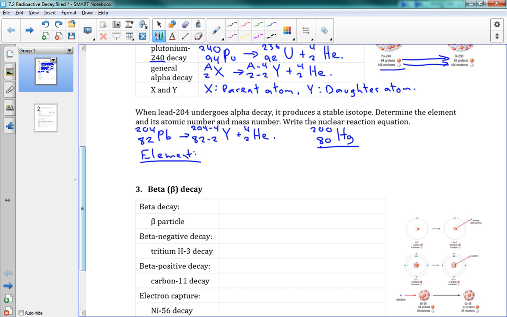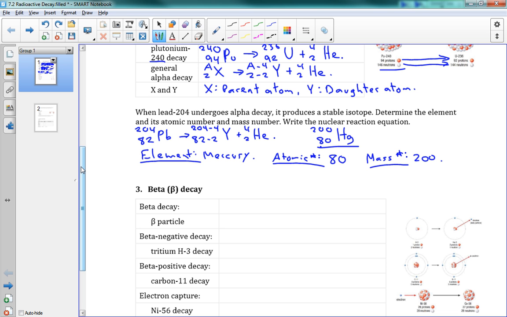So the element is mercury. It asked what is the atomic number, and that is 80. And it asked, what is the mass number? Well, the mass number is 200.